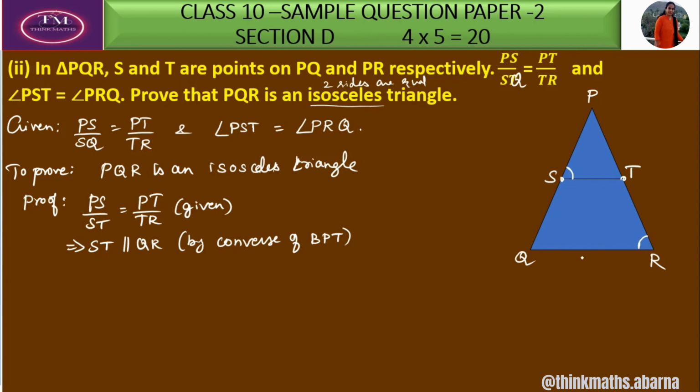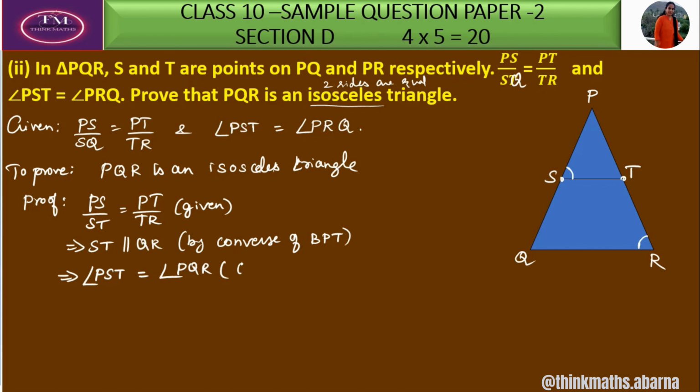So these two lines are parallel, then their corresponding angles will be equal. That is, these two corresponding angles are equal. So angle PST will be equal to angle PQR.